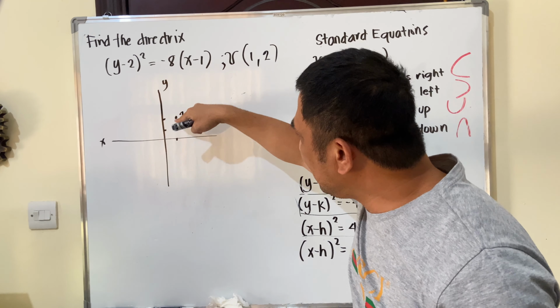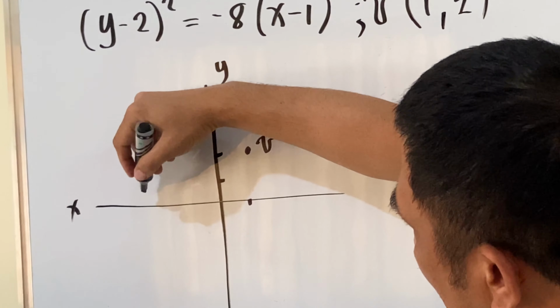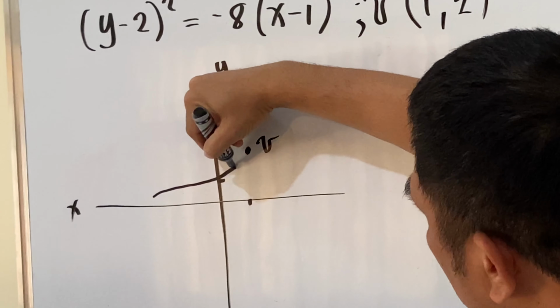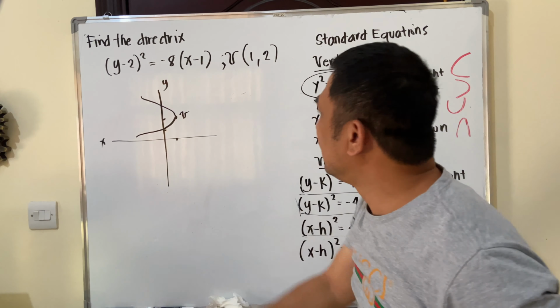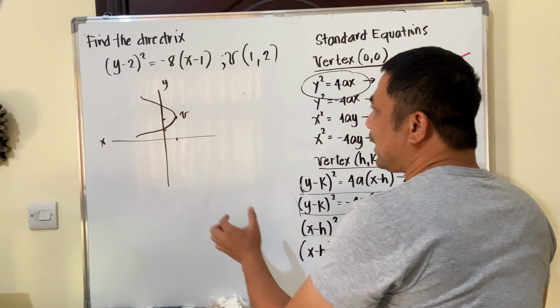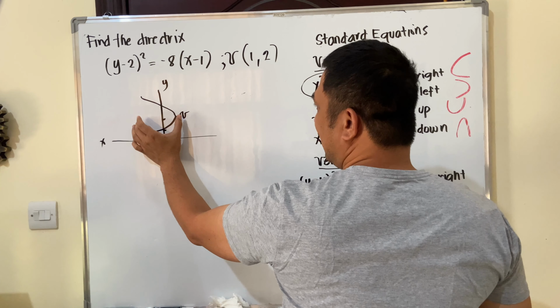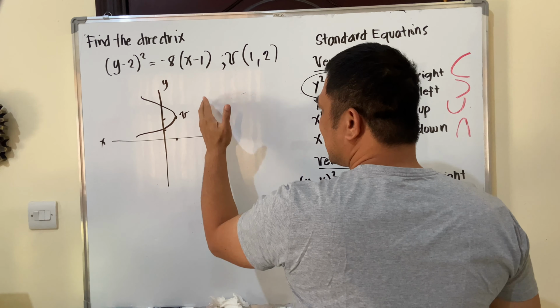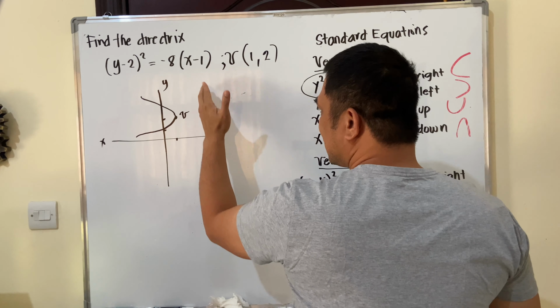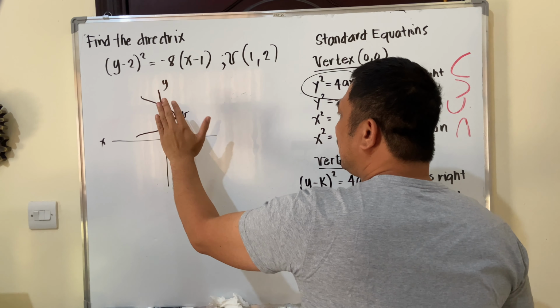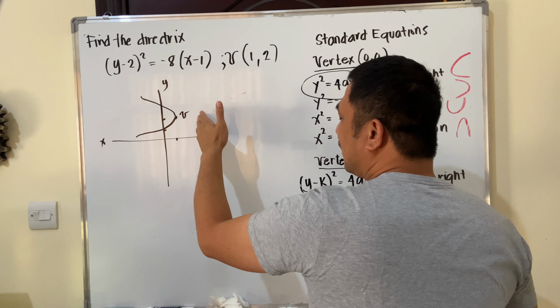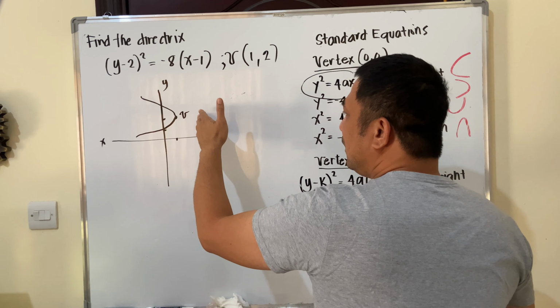So our parabola is opening to the left, somewhat like this. Since the parabola opens to the left, your directrix is somewhere on this side, because the directrix is always at the back of your parabola. The parabola is facing the focus, and at the back of it is your directrix.